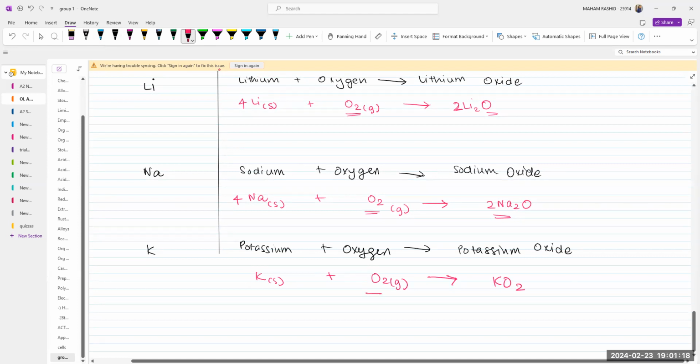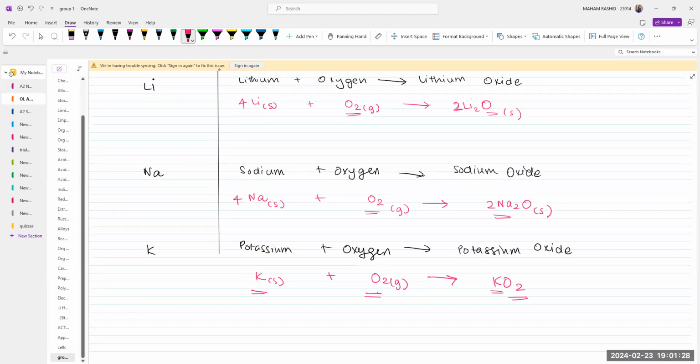To balance, it's already balanced because we have two oxygens and two oxygens here, one potassium and one potassium here. So all of these are oxides, and these oxides are in their solid forms. Okay, we are done till here.